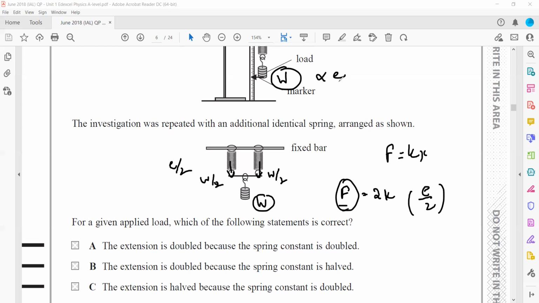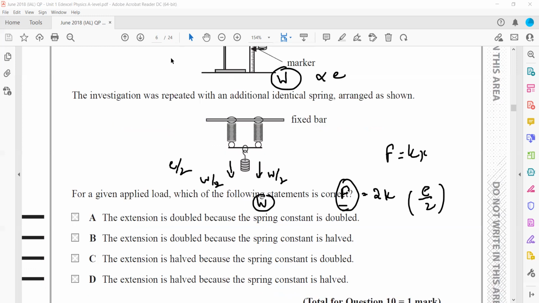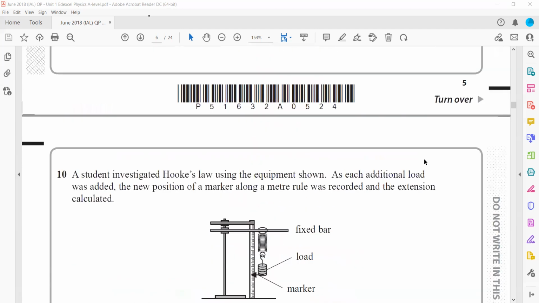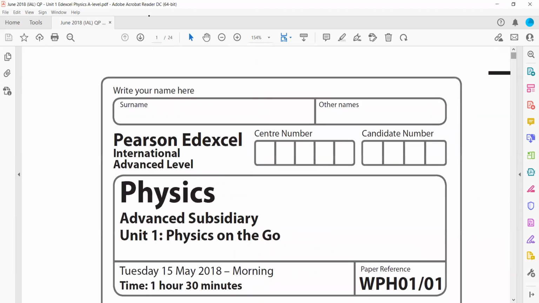So for the same force, if extension is half, it means the spring constant is double. So which expression? Extension is half and the spring constant is double, because the force is constant. So C is the right answer for this. So this was June 2018, Unit 1.